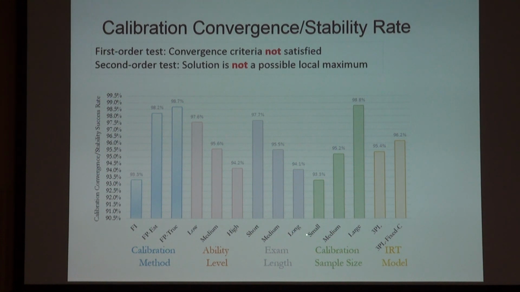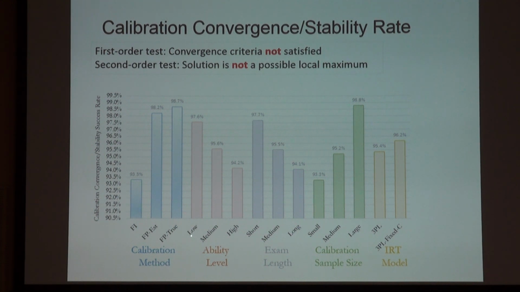On the horizontal axis, we show values for each factor. For calibration method, we have fixed item, and for fixed person parameter estimation, we include two sets of results. One is where we use estimated theta in the calibration. The other is where we use the true theta to see how much they differ.